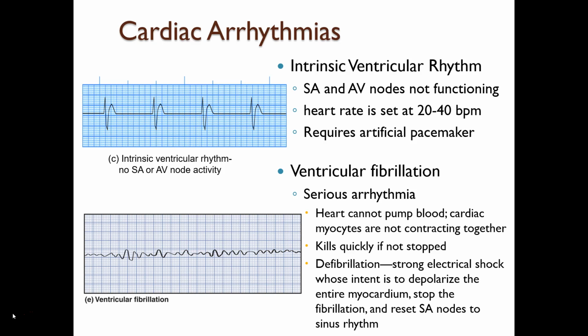So obviously, a person whose heart rate is only 40 beats per minute is probably just lying in bed and having a difficult time just getting up to use the restroom. So that will require the aid of an artificial pacemaker. And then there's something called fibrillation.